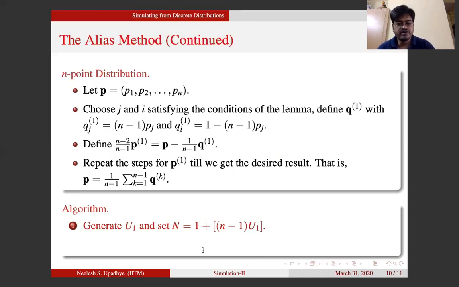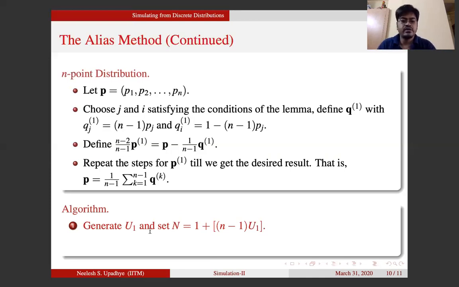Now, whatever the value of n, n will belong to 1, 2 and so on up to n minus 1. We have qk's, where k runs from 1, 2 and so on up to n minus 1. So depending on this value of n, you choose your qn. That is the probability vector you will choose.